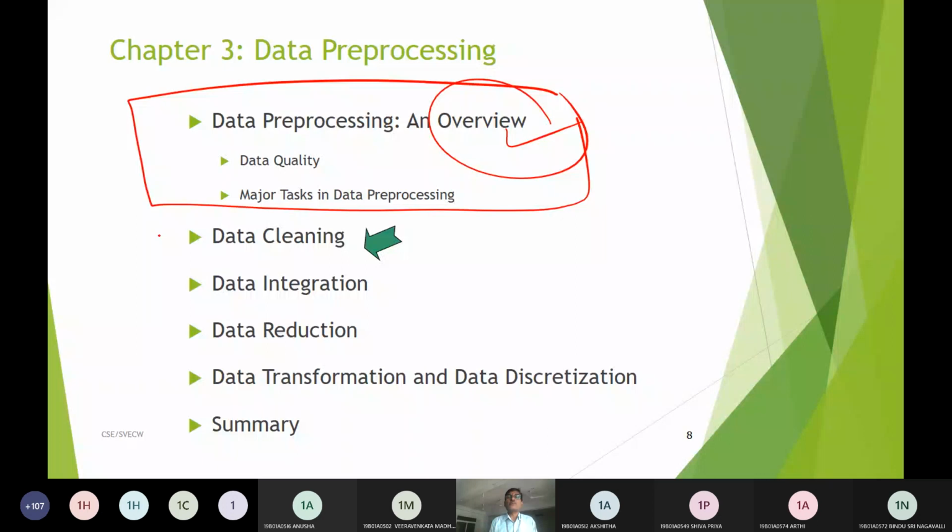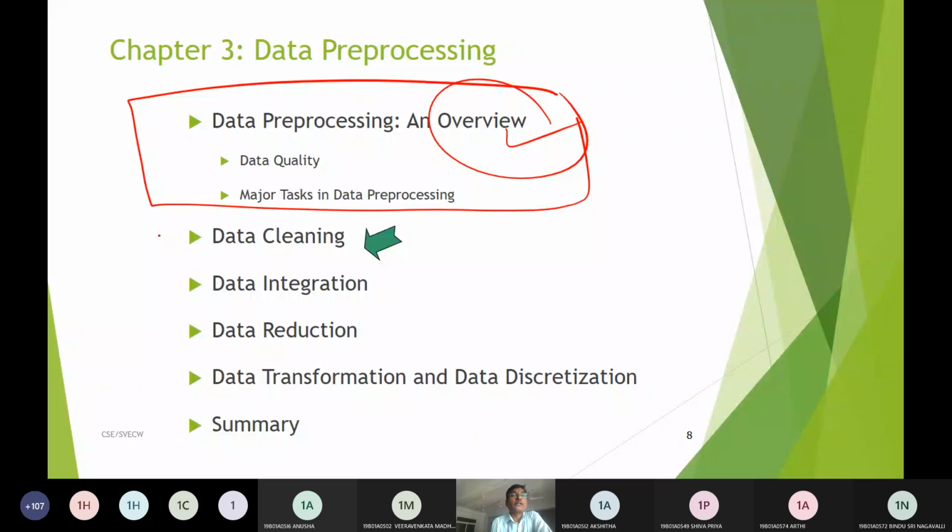The definition here: lacking attributes, lacking certain attributes of interest, or containing only aggregate data. So this is what we call data cleaning. In data cleaning, we were talking about incomplete data.